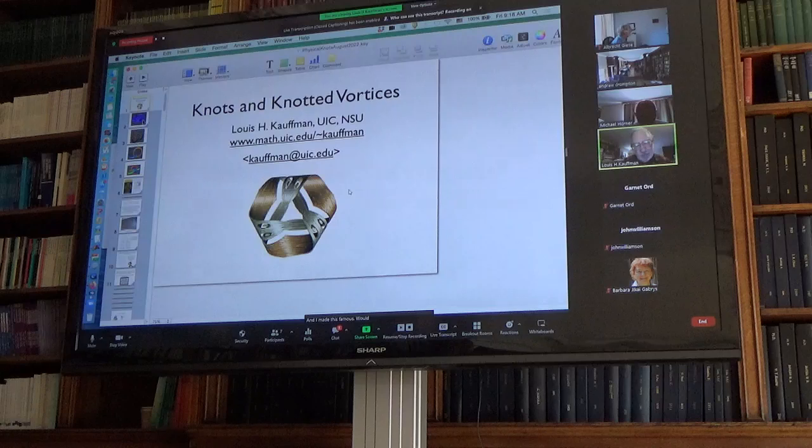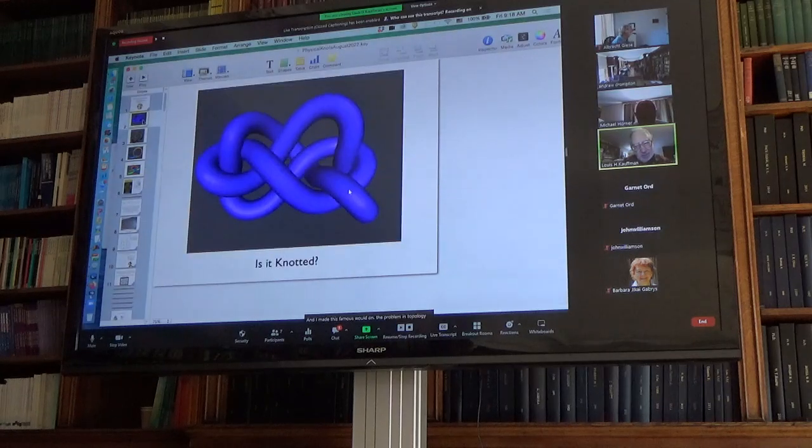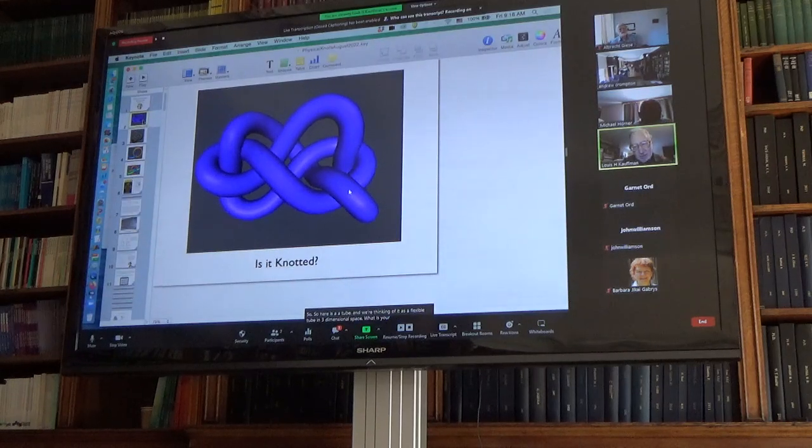Now, the problem in topology is telling whether something is knotted or not. As I said, I just want to chat about topology a little bit. So here is a tube, and we're thinking of it as a flexible tube in three-dimensional space, but it's rather woven.